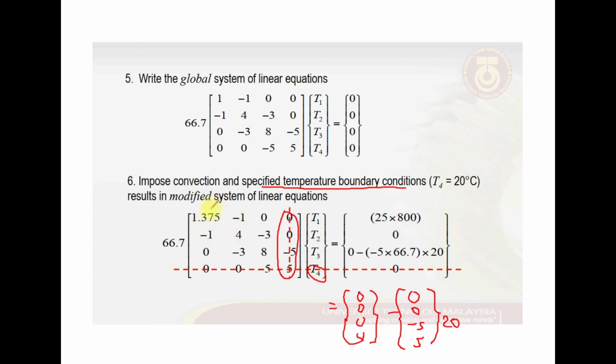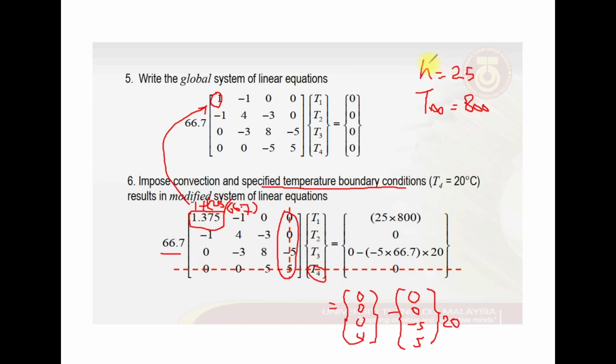So this part here initially we have 1, plus the convection heat transfer value, which is 25, and we have to divide it by 66.7. So we get 0.375 plus 1, then we have 1.375.